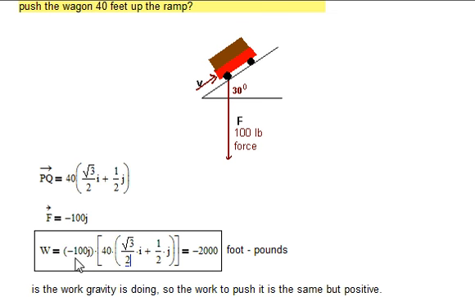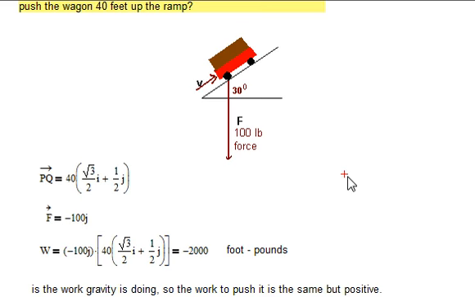And it's just going to be negative 100 times 40, that's negative 4,000, times 1/2, so negative 2,000 foot-pounds is the amount of work that this hay wagon is doing.